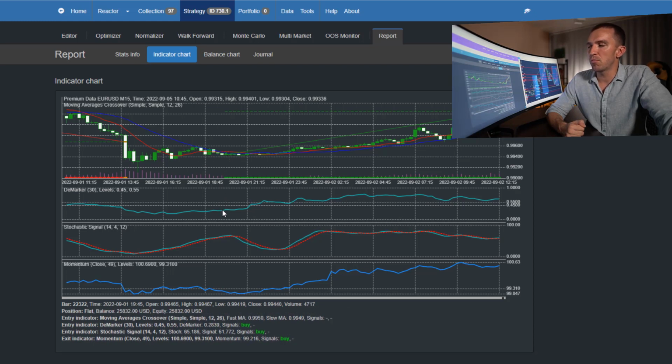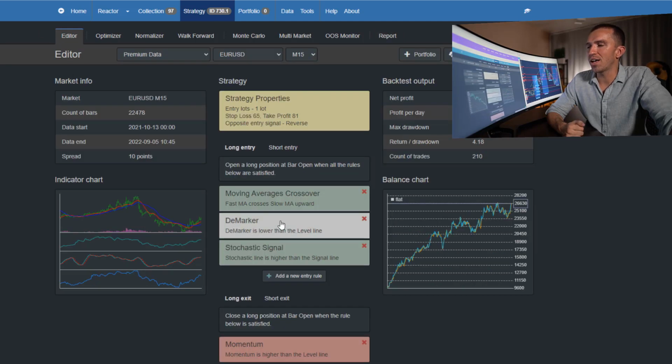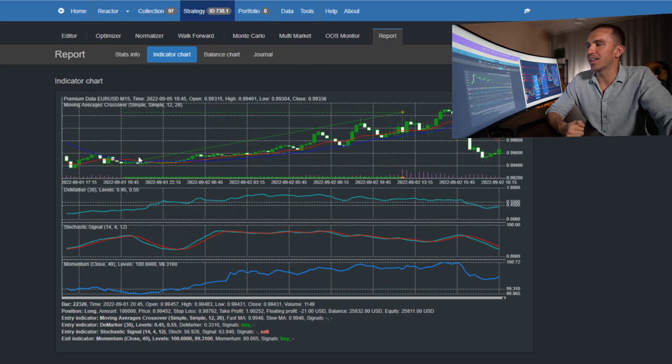We need to see the DeMarker below the level line, and at the same time the stochastic should be higher than the signal line. And right over here we can see that the signal line, which is the red line, is below the stochastic. Okay, so once we have these two confirmations, we can open the trade and take a long position.